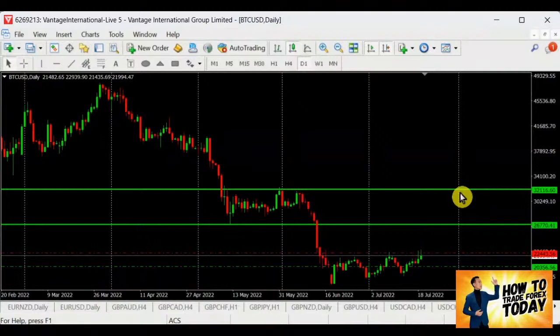All right, let's see what we have here. Right now we have Euro CAD, Euro Yen, Pound CAD, Pound Franc, Pound Yen, Dollar CAD, Dollar Franc, Dollar Yen.